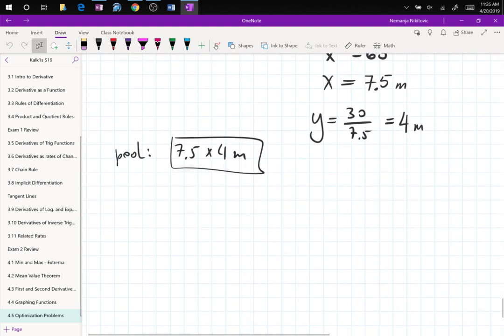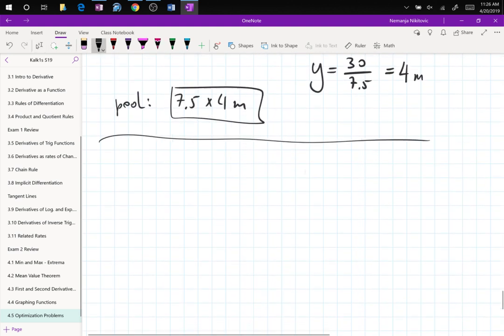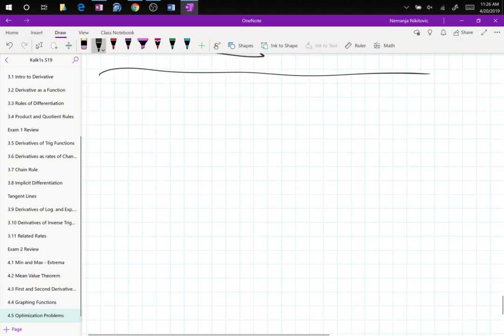So let's make a scenario over here. So this is a shoreline. So shore and a sea, shore or land.